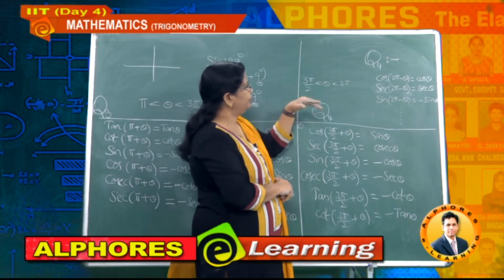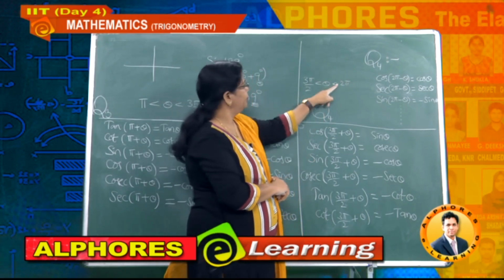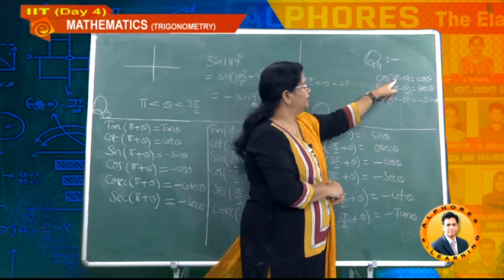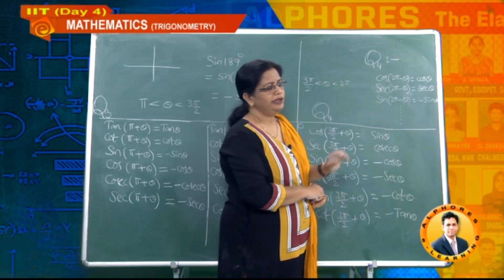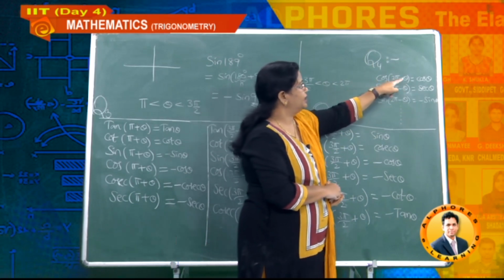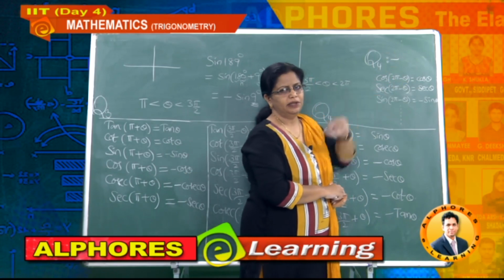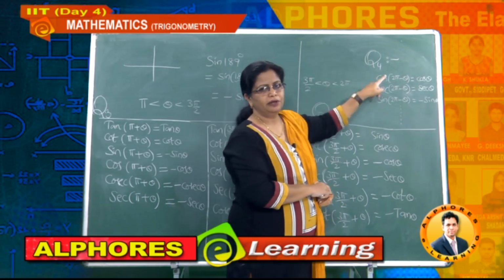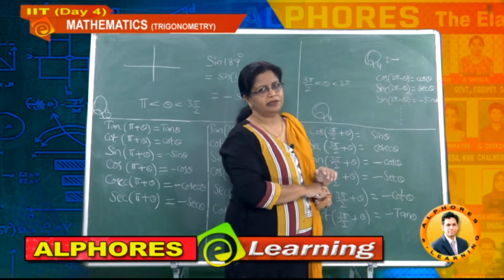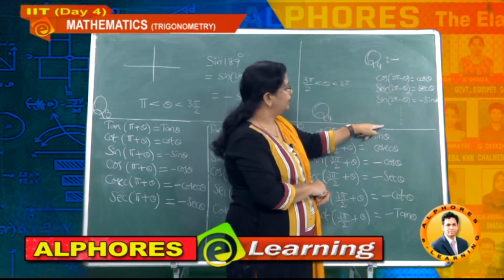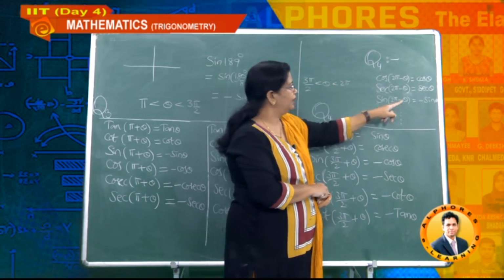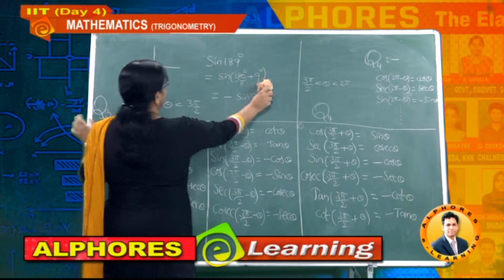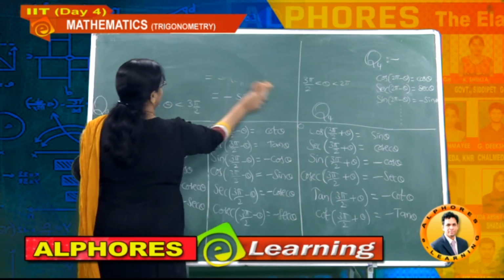In the same fourth quadrant, if you come across 2 pi minus theta, 360 degrees minus theta, this is an even multiple of 90, and therefore here 360 minus means the function remains the same. Cos and secant in the fourth quadrant are positive, therefore you get a positive answer, whereas all the other remaining 4 values give a negative answer. Understand, children? In this way we are giving the conclusion.